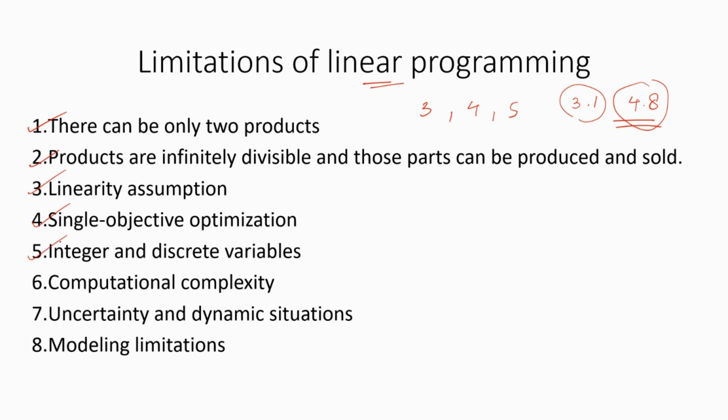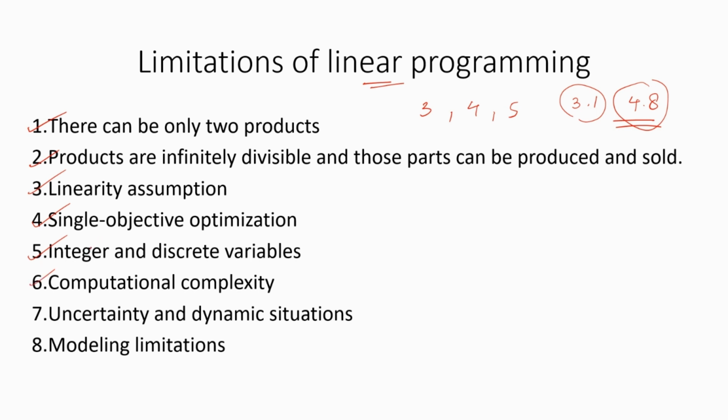Integer and discrete variables. Linear programming is well suited for continuous variables, but it becomes challenging when dealing with integer or discrete variables. Problems that require integer solutions, such as allocating a fixed number of resources or selecting whole number of units, fall under the realm of integer programming or mixed integer programming. These problems are generally more complex and computationally intensive.